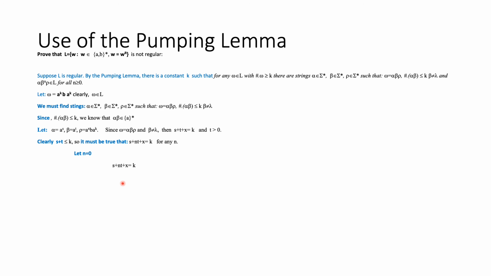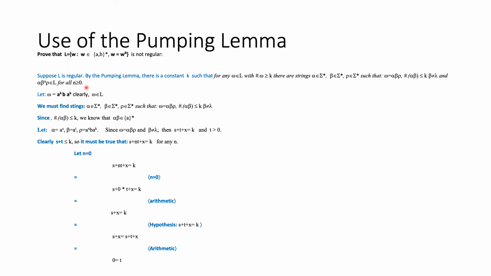S plus NT plus X is equal to K. If N is 0, then it's S plus 0T plus X is equal to K. That means that S plus X is equal to K. The hypothesis is that K is equal to S plus T plus X. I replace it. Then I subtract S plus X both sides and I get that T is equal to 0. However, I had assumed T has to be greater than 0.